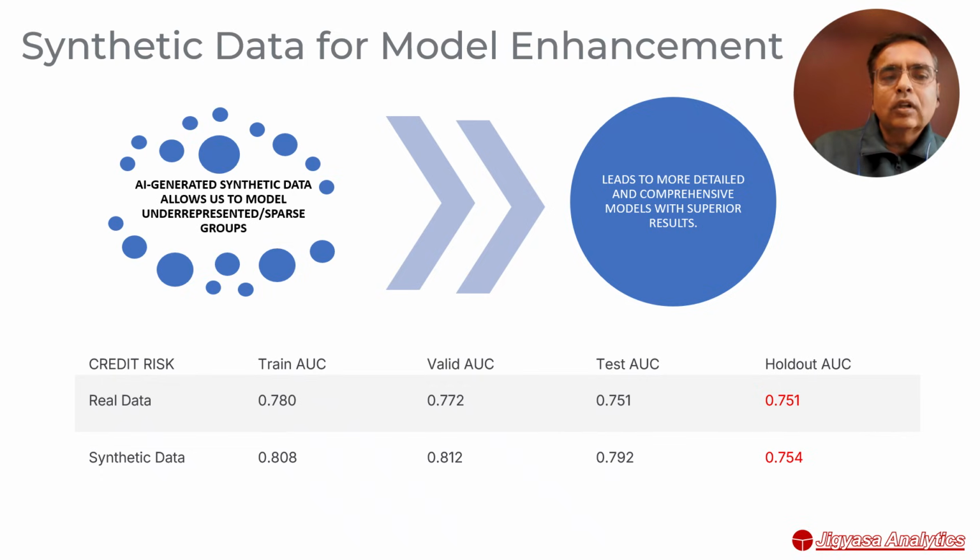We built a model with real data. We used a portion of the real data to build a synthetic sample, and we built a model on this synthetic sample as well. And then we had a holdout sample which was not used to build any of the models or the synthetic sample, and we looked at the performance of both the models there.